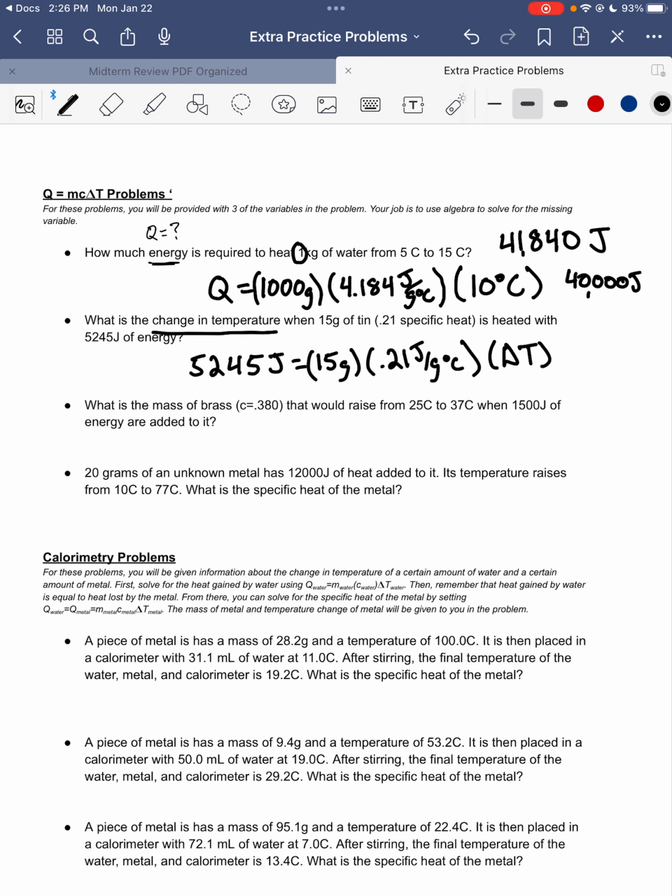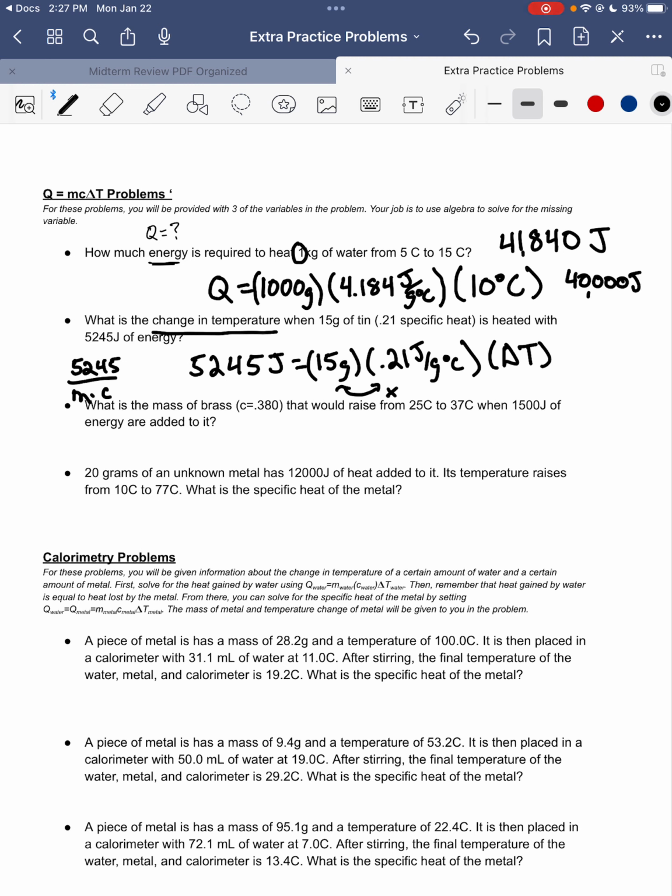So to solve for this problem, I'm going to take these 2 numbers, 15 and 0.21, and I'm going to multiply them together. And then I'm going to take 5,245 and divide that by my mass times my specific heat. So I'm going to plug that into my calculator now. 5,245 divided by 15 divided by 0.21.